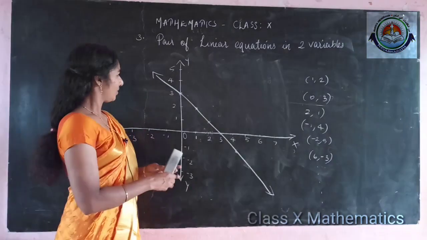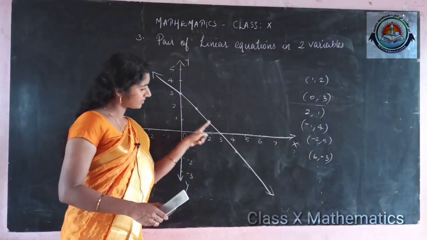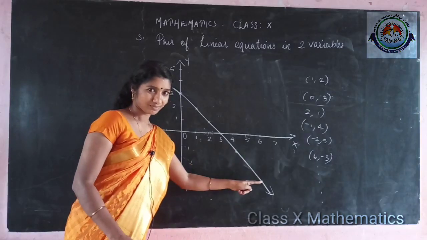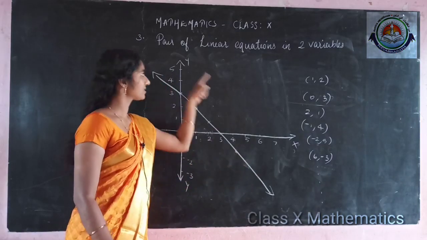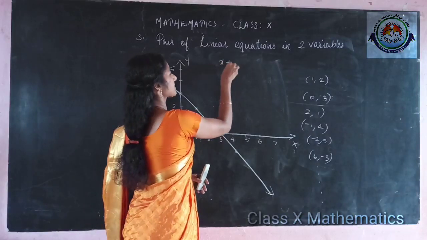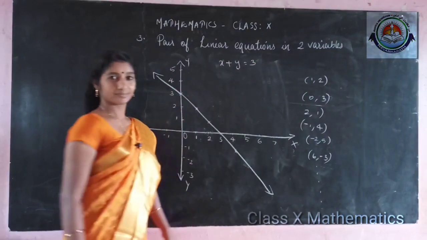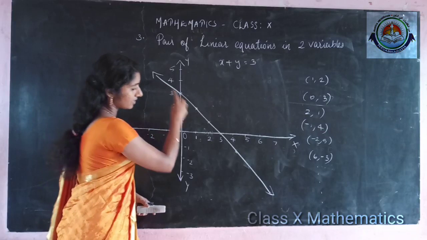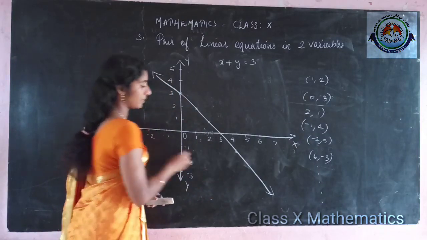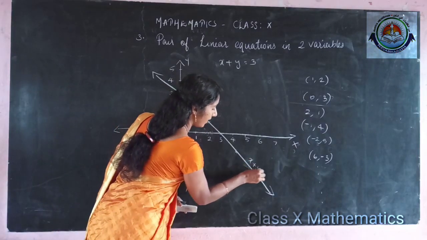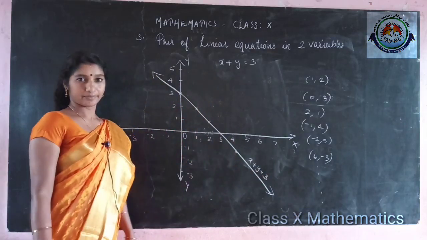And see, all the points on the straight line will satisfy the equation x plus y equal to 3. So this line is a representation of the equation x plus y is equal to 3.